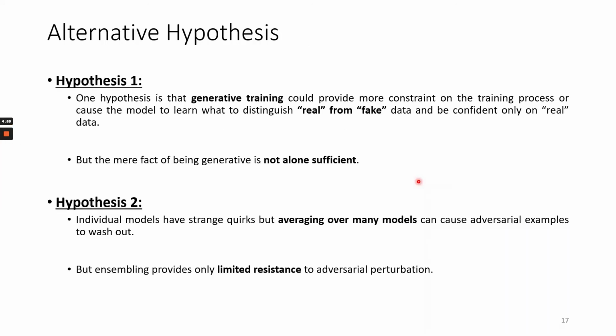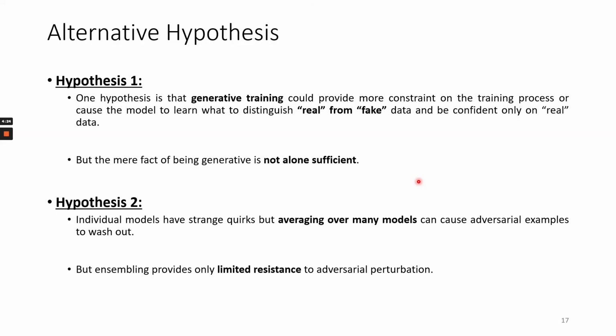The authors also wanted to test some alternative hypotheses and tried to see whether they were true or not. One such hypothesis is that generative training could provide an additional constraint in the training process, so that the models could clearly distinguish between real data and fake data. So they used an architecture that ensured that the generative part of the model responded to the adversarial examples only.